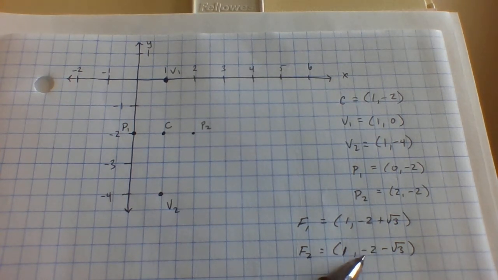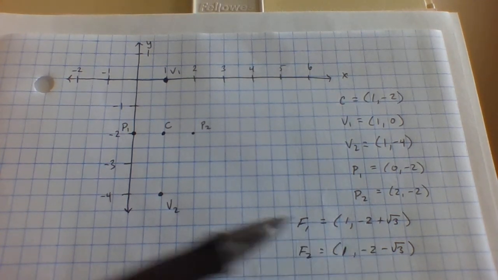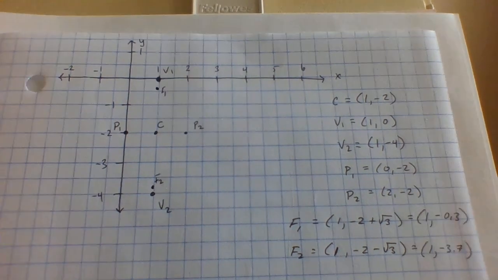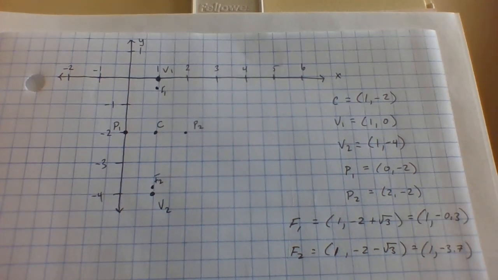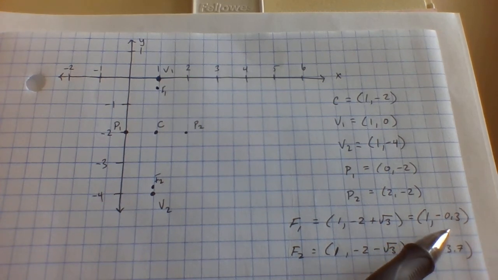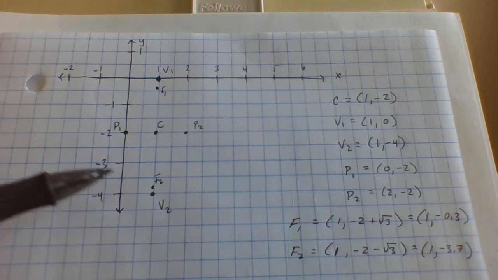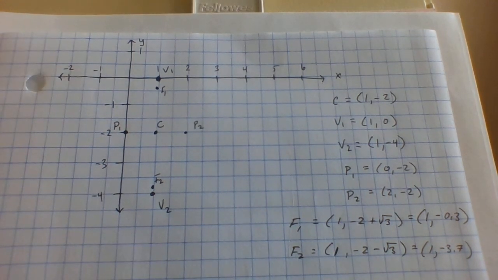And this other y coordinate would be -2 minus radical 3. I'm going to go ahead and take these out to decimals just to the nearest tenth so we have an idea of where they would fall once we plot them. So here they are as some decimals, a y value of -0.3 and a y value of -3.7. So they sit really close to those vertices.